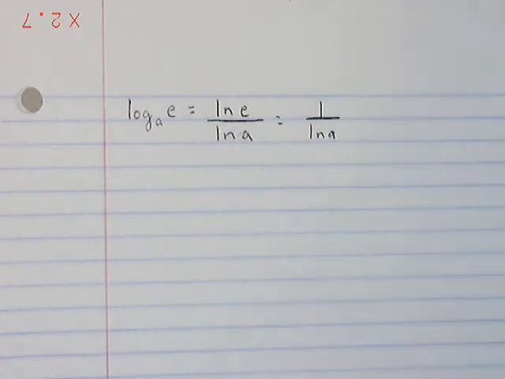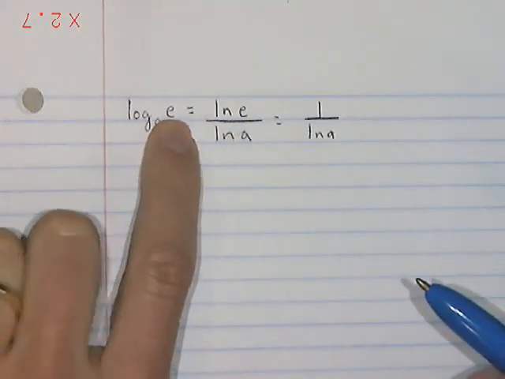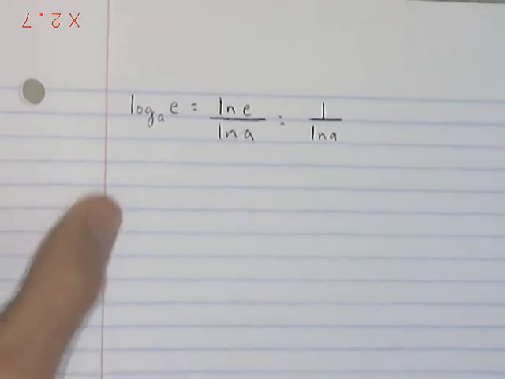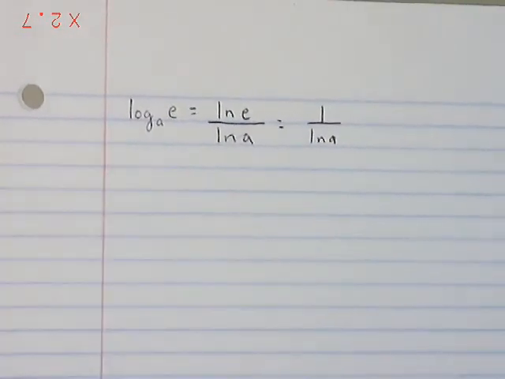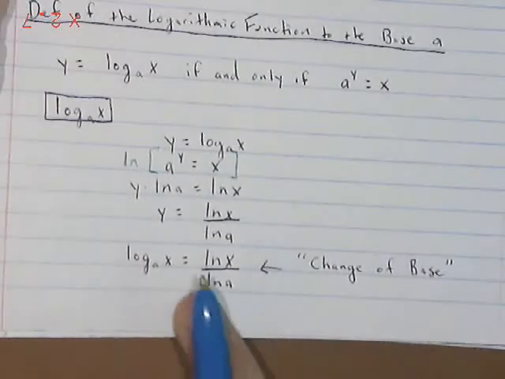And so we can define log base a of the natural number as 1 over the ln of a. Okay, cool. So we're going to determine the derivative of the log of any base by differentiating this guy.